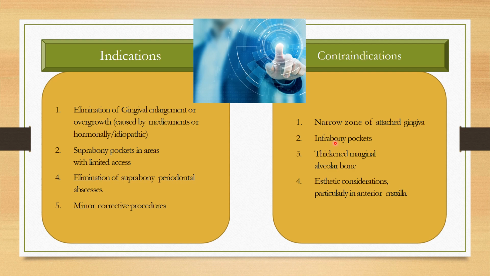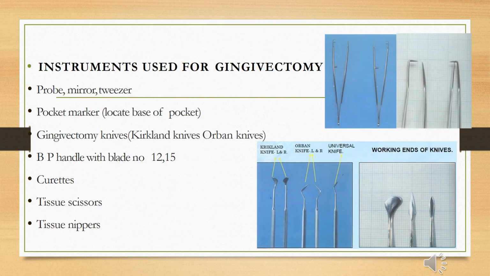Only the gingival tissue will be removed, so there won't be any osseous recontouring. That is why it's not indicated in infrabony pockets. Also if there is thickened marginal bone, it is not recommended as it exposes the alveolar bone. And also in case of aesthetic concerns, especially in the anterior maxilla.